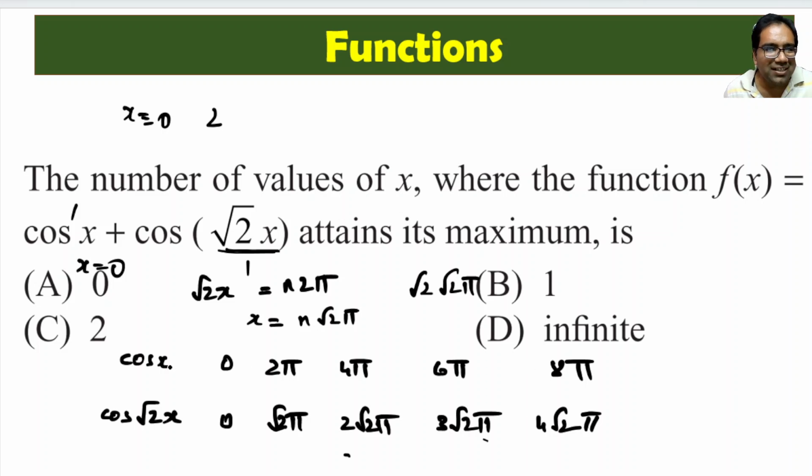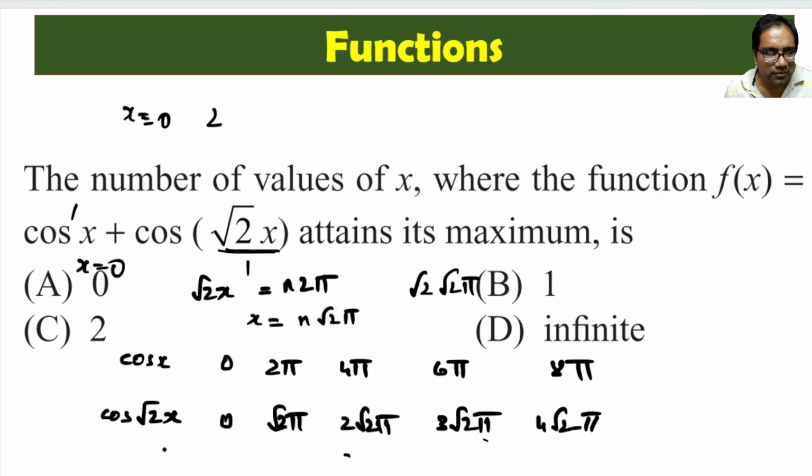You can clearly see cos x is getting maximum at every even multiple of π, an integer multiple. Here this is getting maximum at an irrational multiple of π, right? So there is no way they can be at maximum together at the same time, because here we will get √2 multiples and here we will get 2 multiples. They will never coincide, right?